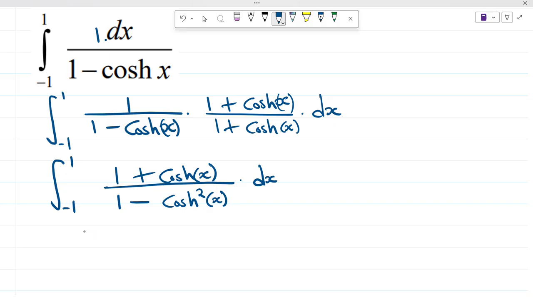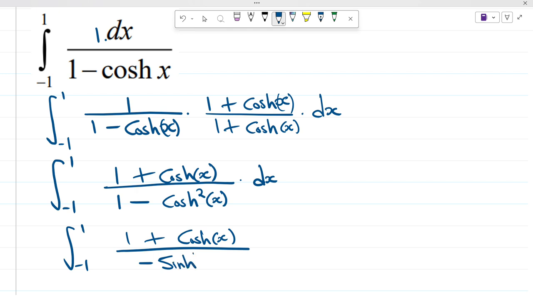So 1 minus hyperbolic cos squared of x is equivalent to what when it comes to square identities? It is equivalent to the following. So this is going to be 1 plus hyperbolic cos of x divided by negative hyperbolic sine squared of x dx.